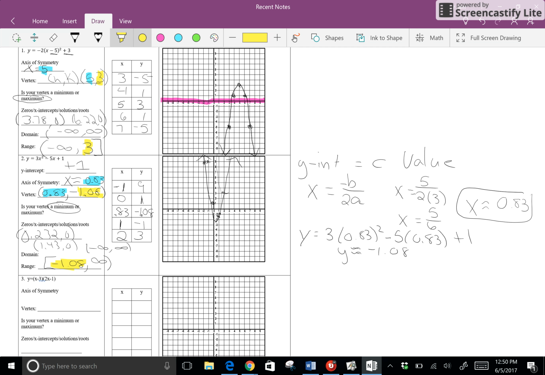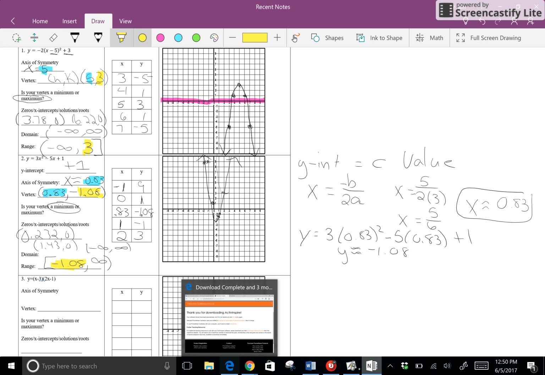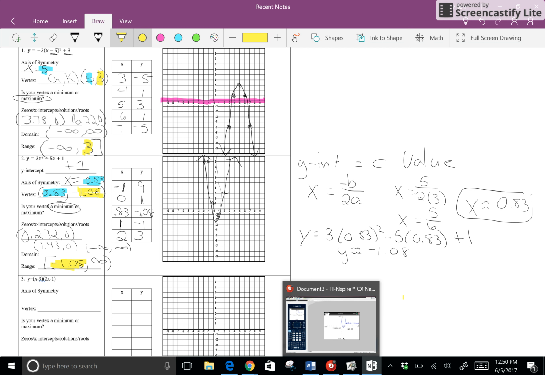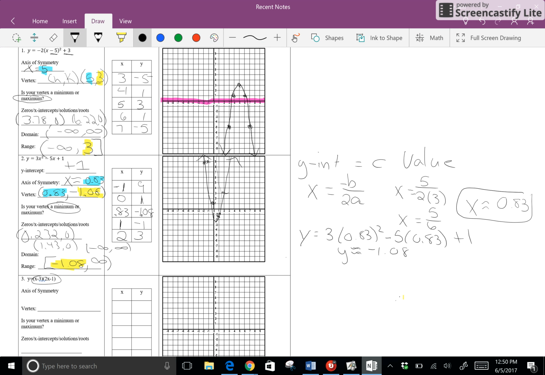Now for number 3, it's your third and final form. It's your vertex form. Now what students like to do for number 3 was to do the box and make it like standard. So x and then negative 3 and then 2x minus 1.